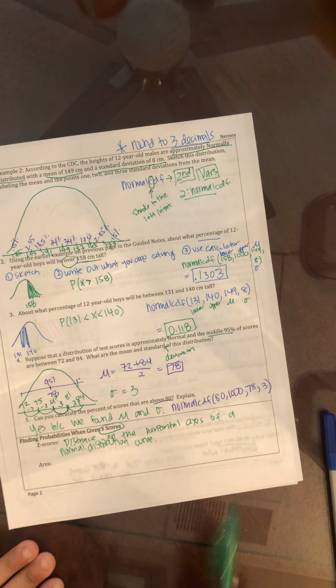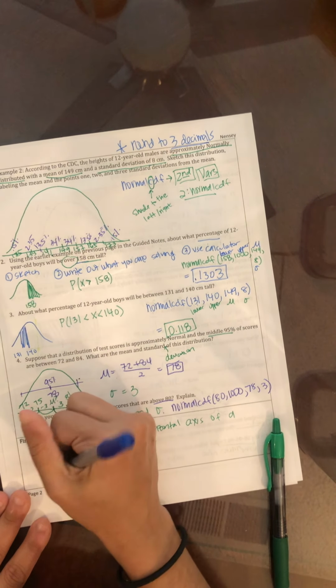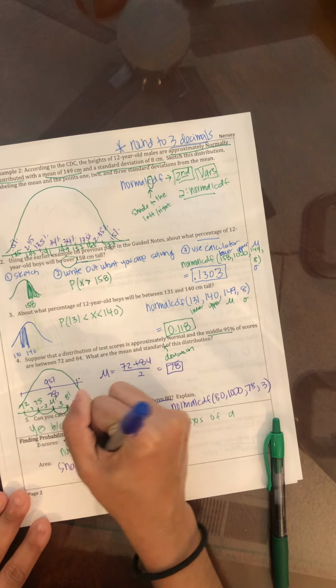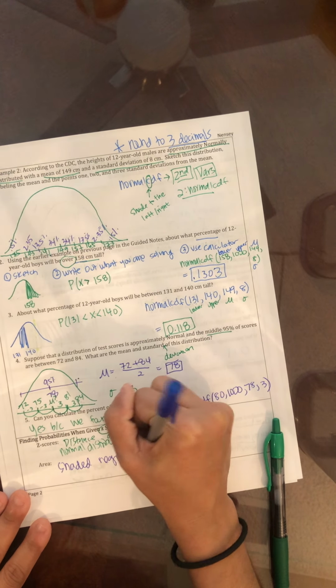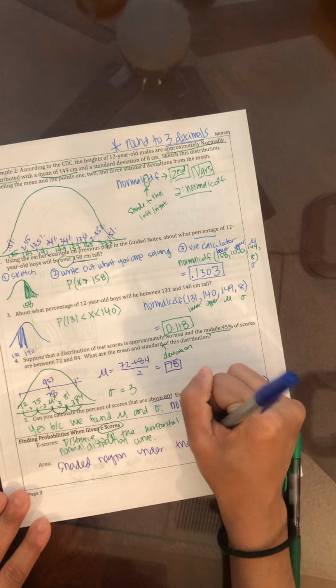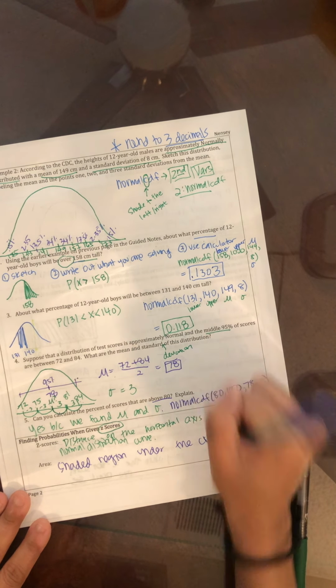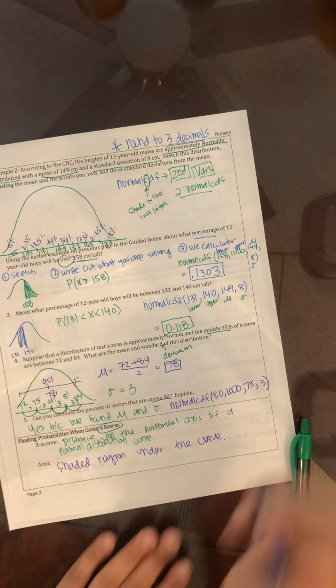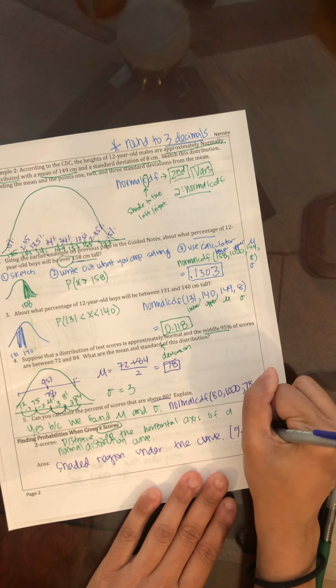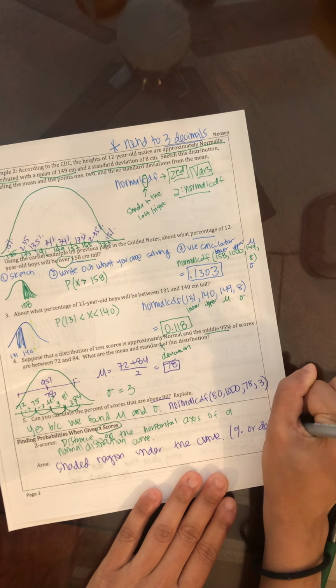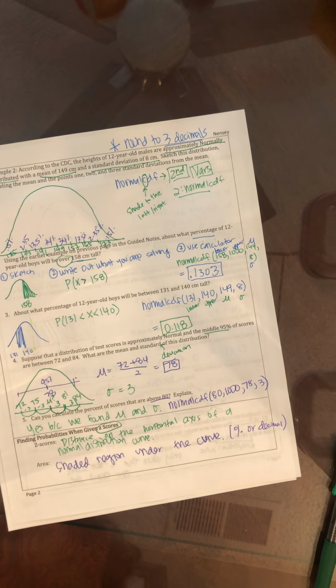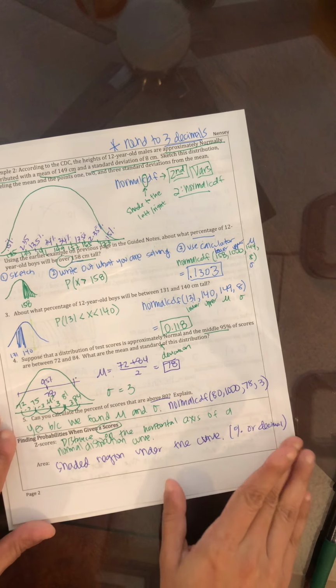The area is the shaded region under the curve. Sometimes it's a percent, sometimes it's a decimal. I prefer decimals, but sometimes your answer would be a percentage. And so we're going to go ahead and try an example that deals with normal distribution.